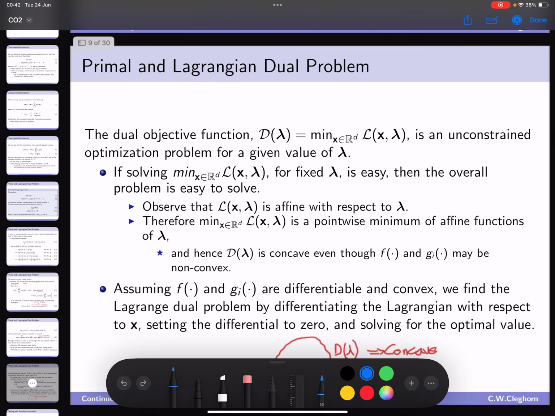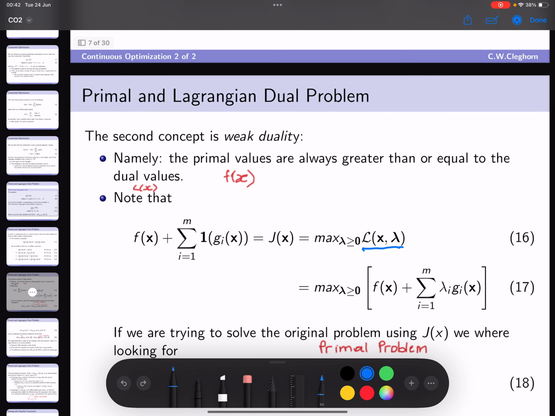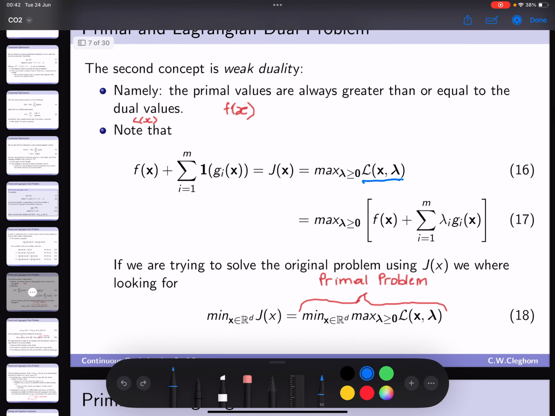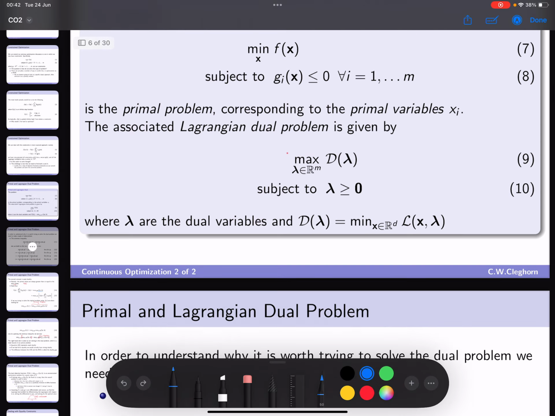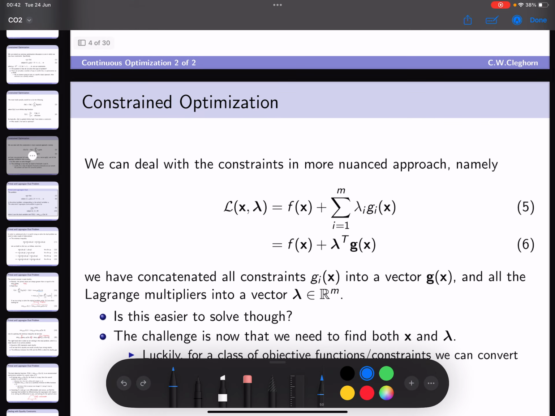Okay, so that's a bit of a mouthful, but the whole point of this is to say if we go up and look at our Lagrangian up top here, let's see where we've written it. So this is our Lagrangian over there. You can see that we've substituted that in there. What it's essentially saying is that it's an affine function of our lambdas. And we know what an affine function is, and maybe we go back to the proper version of this. Here.